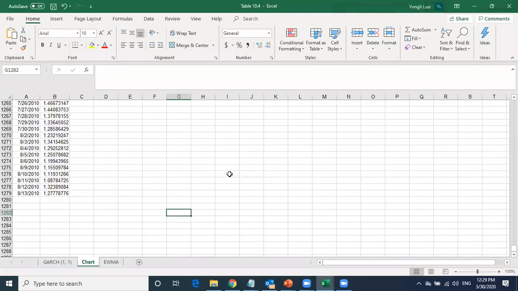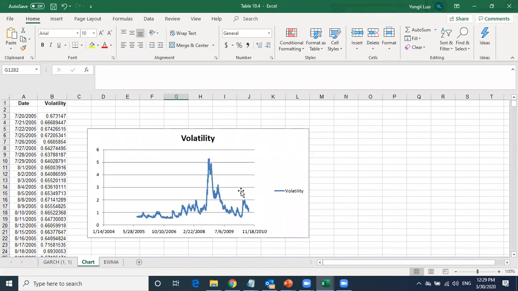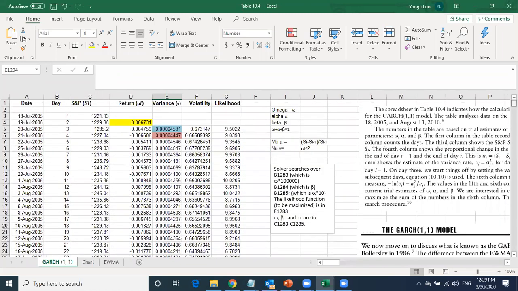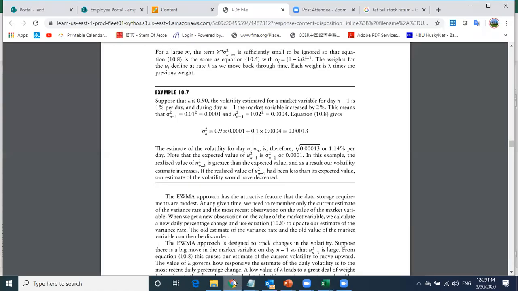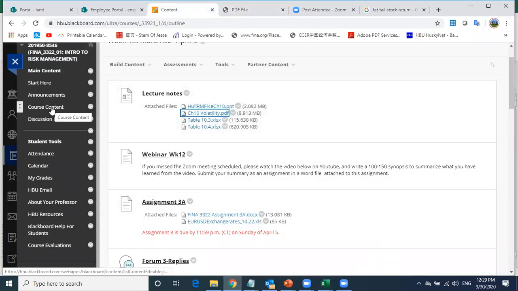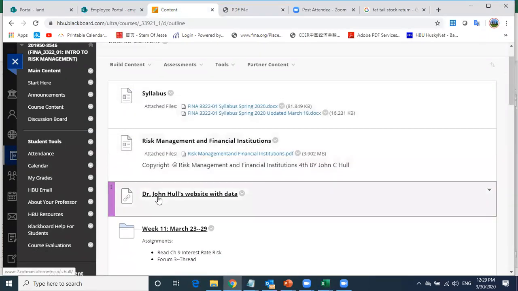Table 10.4 is the data we are using from the author's website. This is the link to the author's website. I remember in the course content area, I gave you Dr. John Hull's website with data.